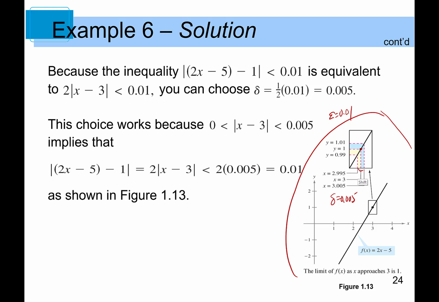So this tiny little interval yields that tiny little interval for the limit. So that's why the epsilon is 0.01 and delta is half of that, 0.005.